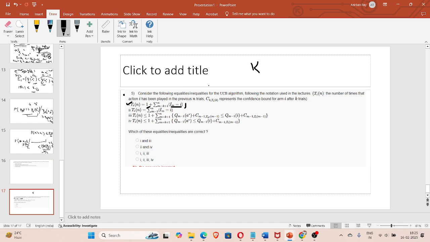That's for sure. Next, Ti of n is equal to the summation from m equals 1. From 1 we are checking, so this one is also correct, because we are checking every time whether it equals i.